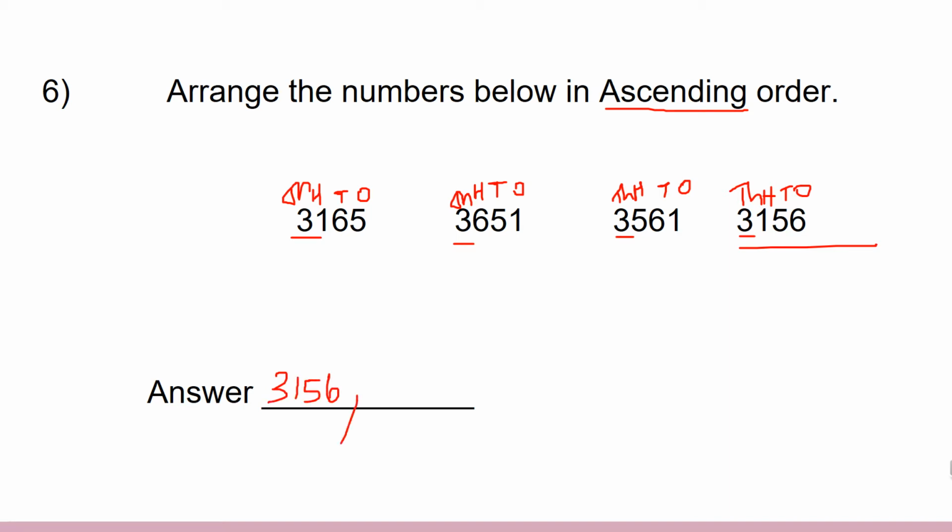It will come first. Which one next? 3,165. Which one will come next? 3,561. Which one will come next? 3,651. Here we have it. The numbers are arranged in ascending order from the smallest to the biggest.